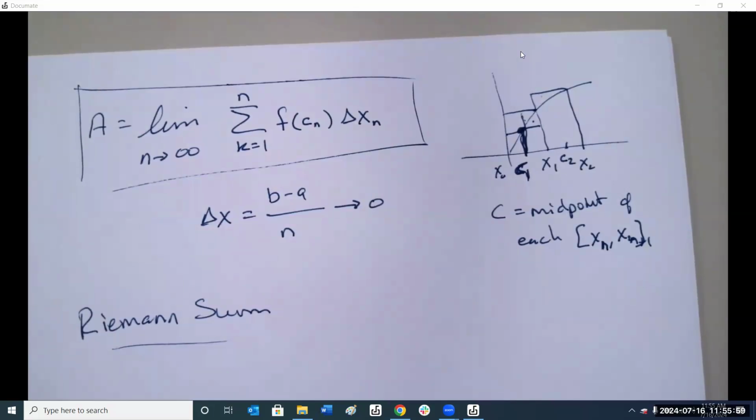It subdivides any curve into small rectangles and makes them infinitely small so you can add them all up, and that'll give you the true area under a curve.